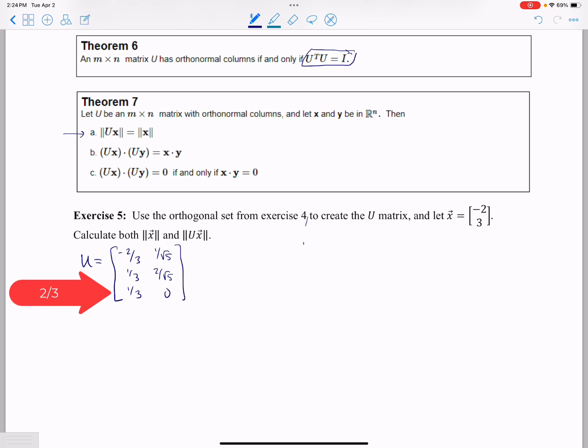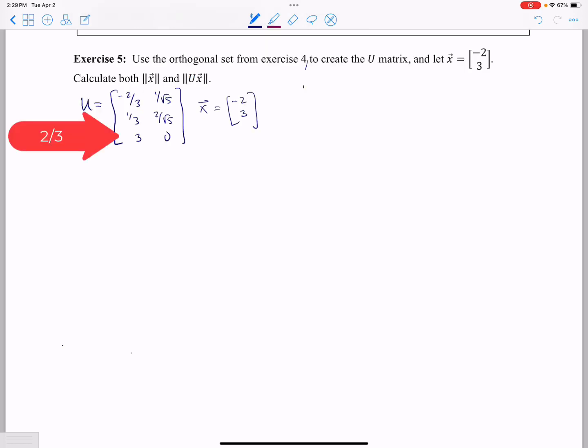So that's my U. And let's let x equal (-2, 3). I want to calculate both the norm of x and the norm of Ux. Let's start with the norm of x, which is the square root of x dot x. So that's the square root of 4 plus 9, or square root of 13.